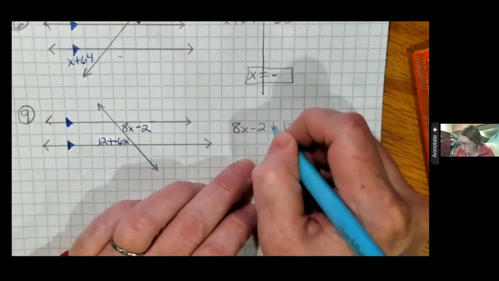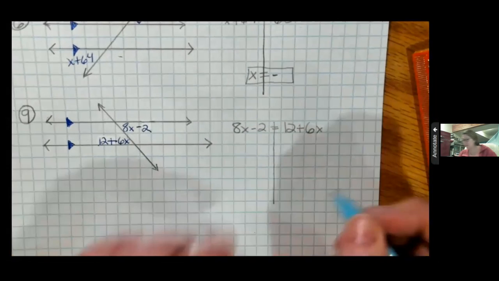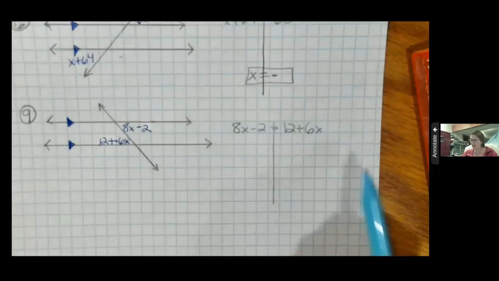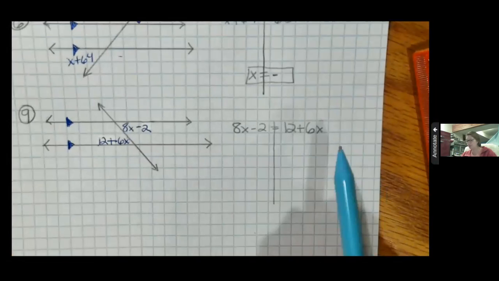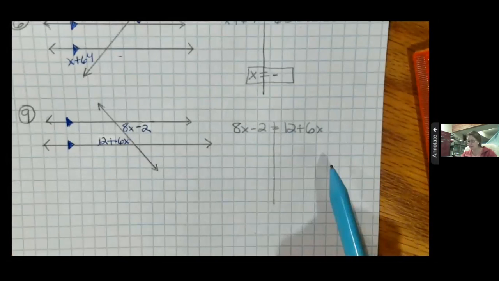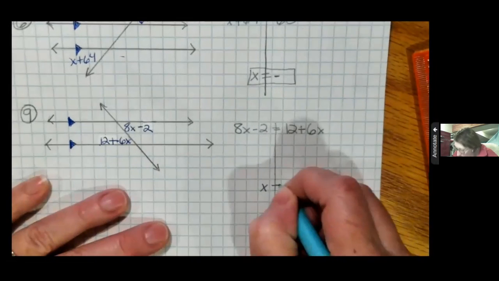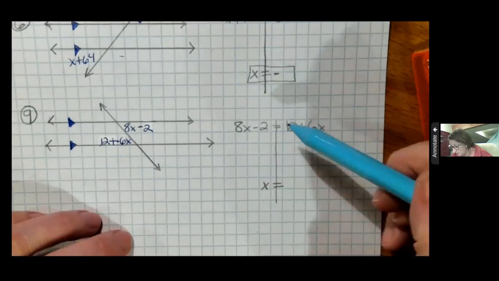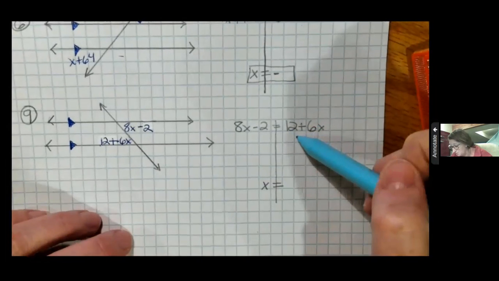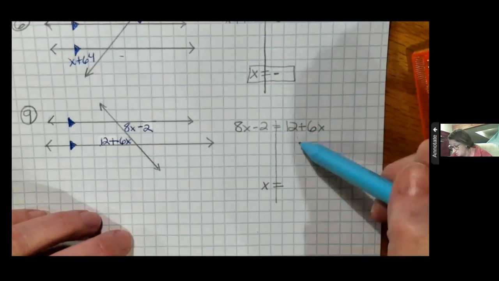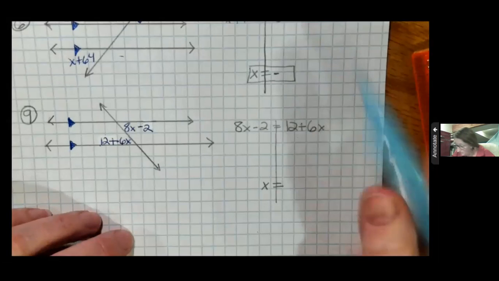And then this is a couple more steps. You've got to get your x's on one side and your constants on the other side. So I will tell you that x equals, hold on, let me do my math. Seven.